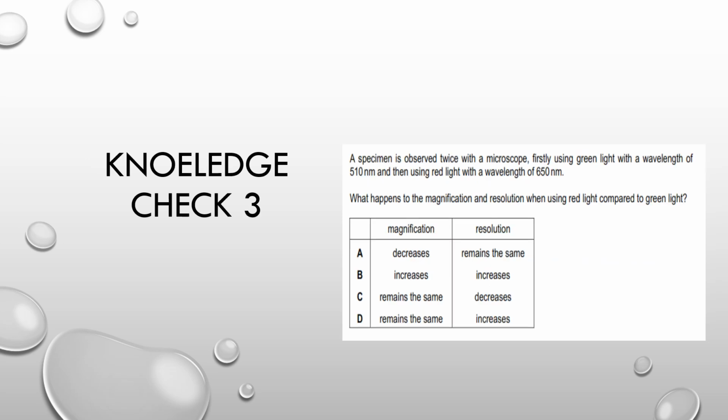Knowledge check 3. Watch this, guys. A specimen is observed twice with a microscope. Firstly, using green light with a wavelength of 510 nanometers, and then using red light with a wavelength of 650 nanometers. What happens to the resolution when using red light compared to green light?